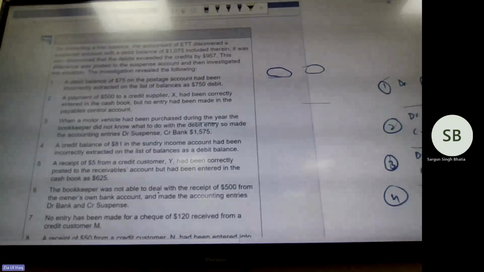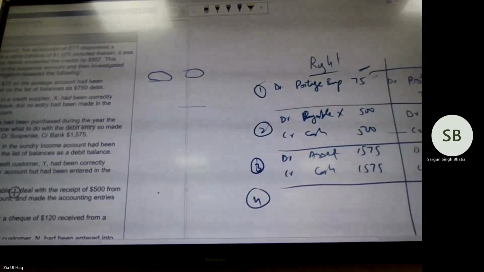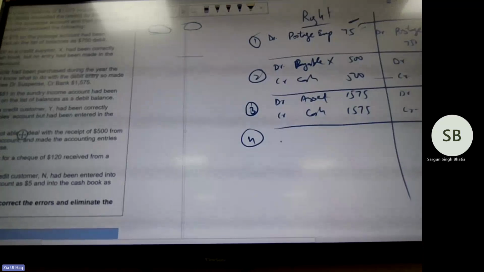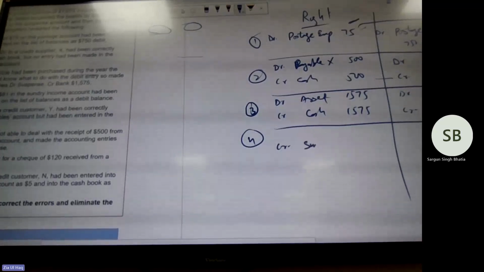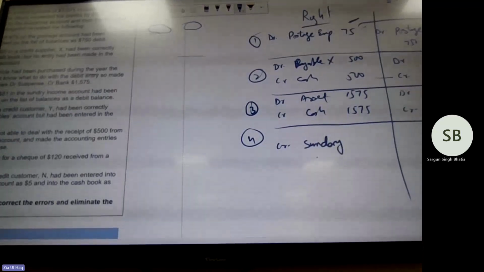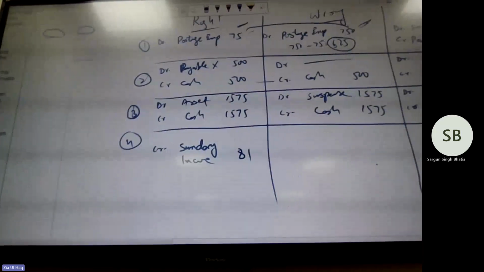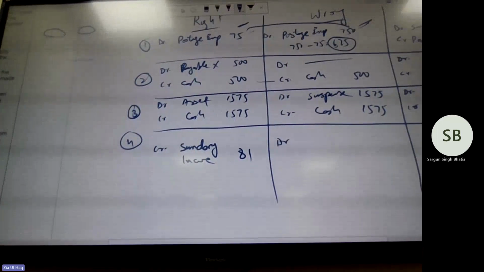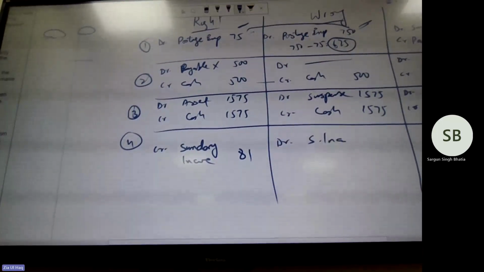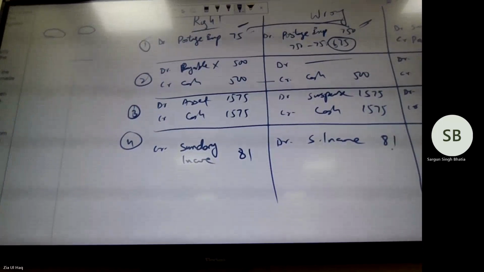We should have recorded sundry income credit with 81. We have recorded a debit to sundry income with 81.